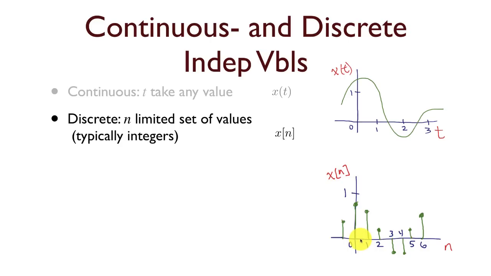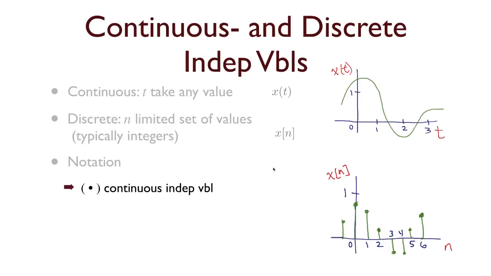So it doesn't mean anything to say x of 1/2 because there's no value there. So this is a discrete independent variable, and typically for simplicity we will restrict our discrete independent variables to be defined on the integers.